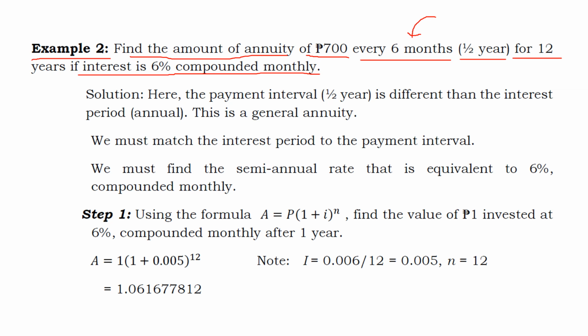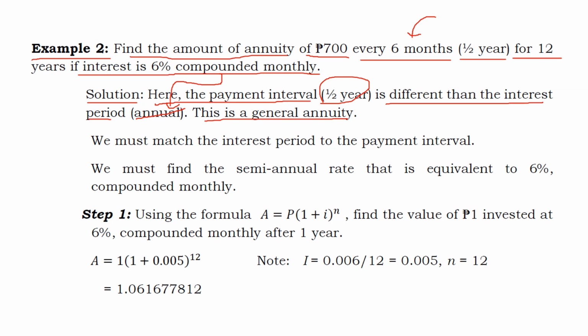Solution: here, the payment interval is 1/2 year, or semi-annually, which is different from the interest period, which is monthly. So this is a general annuity because your payment interval is 6 months and the interest period is monthly.